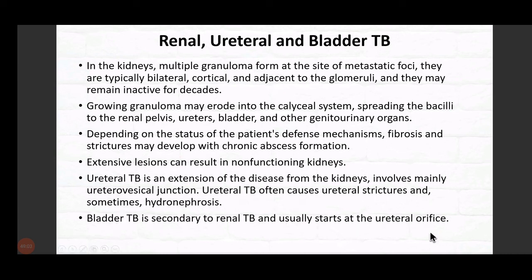Bladder TB. Now, bladder TB again starts around the ureteral orifice. When we do a cystoscopy, usually it is a superficial reddish kind of inflammation. But as more layers of the bladder are involved, and ultimately they heal by fibrosis or by scarring, the bladder will contract. The usual expanding capacity of the bladder is lost by fibrosis, and the bladder becomes what is known as a thimble bladder.